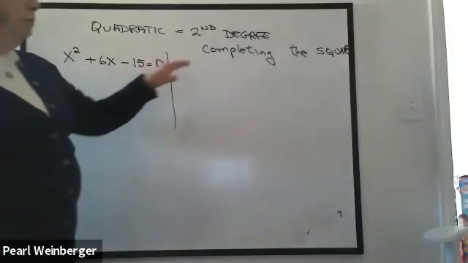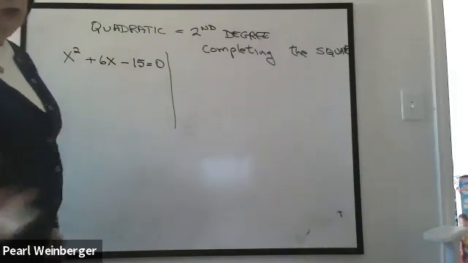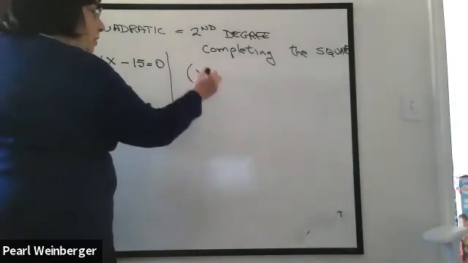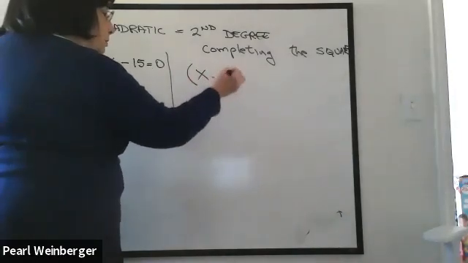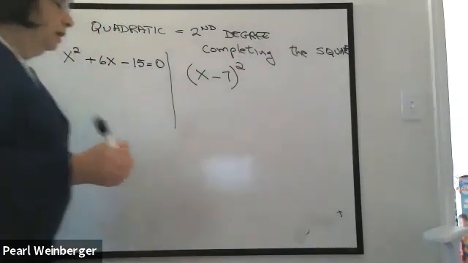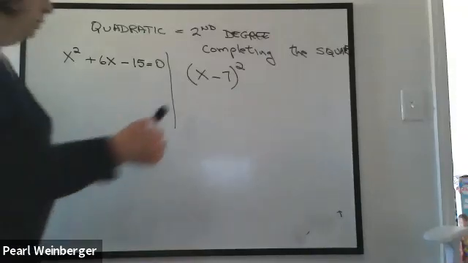Number one, I want you to see what happens when we square a binomial. Let's say I gave you x minus 7 squared. I'm going to do it the long way, and then I'm going to show you there really is a short way of doing this.